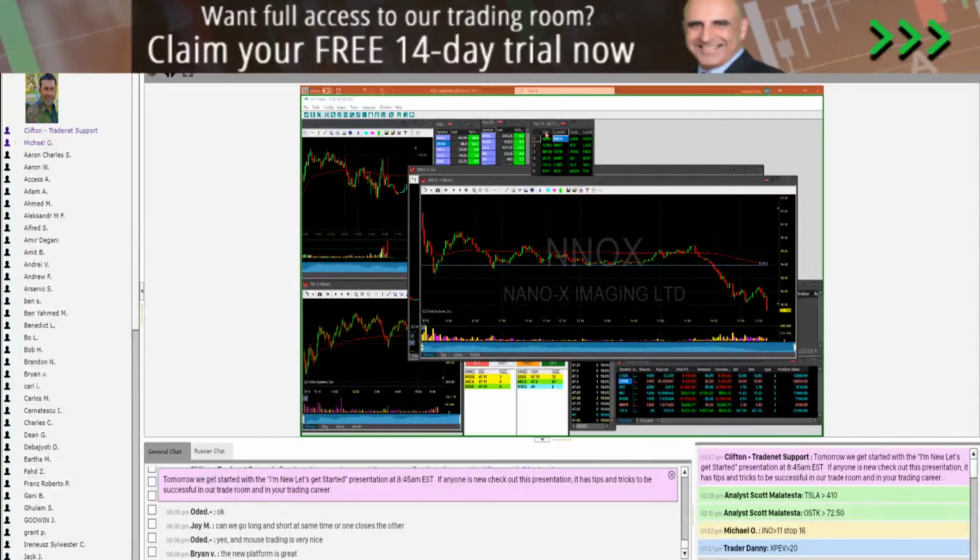If you have those two combined, the new platform is a very good setup for you. As long as TFS is offering both, I will still prefer the old platform because I'm so used to it. I'm familiar trading it. It's very fast.